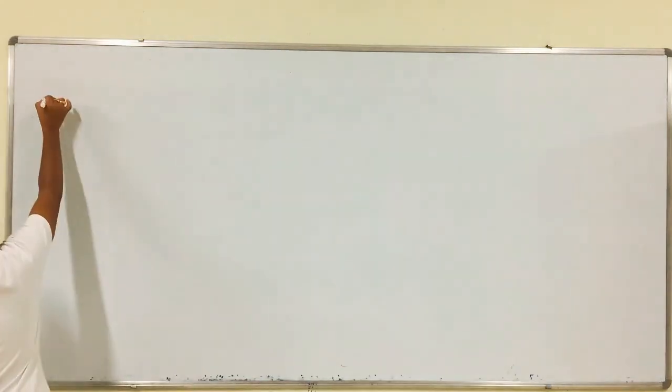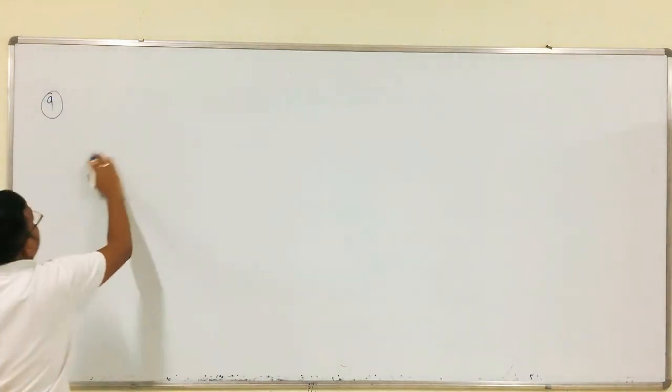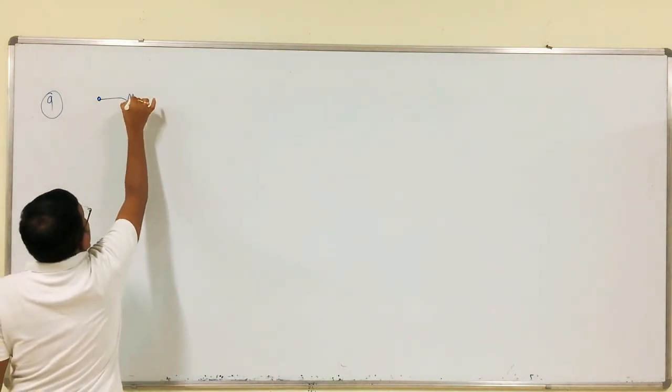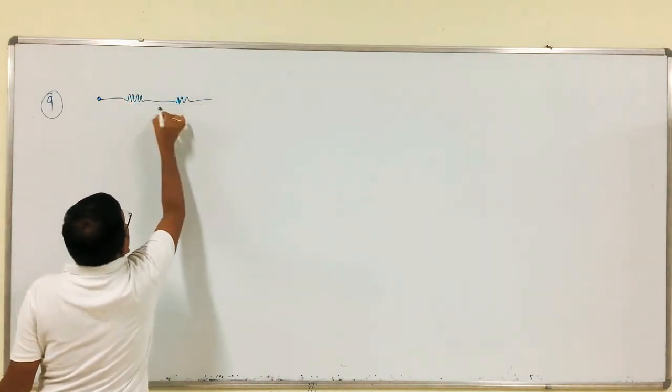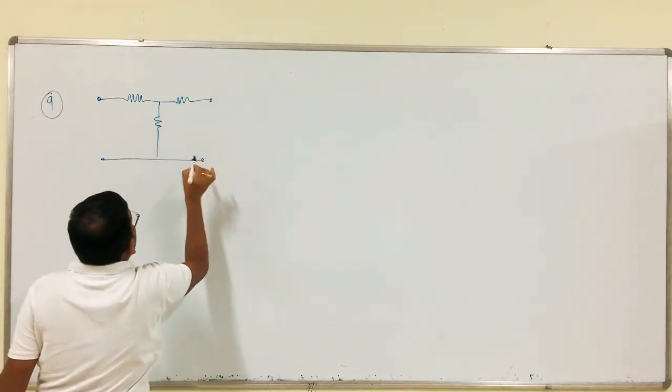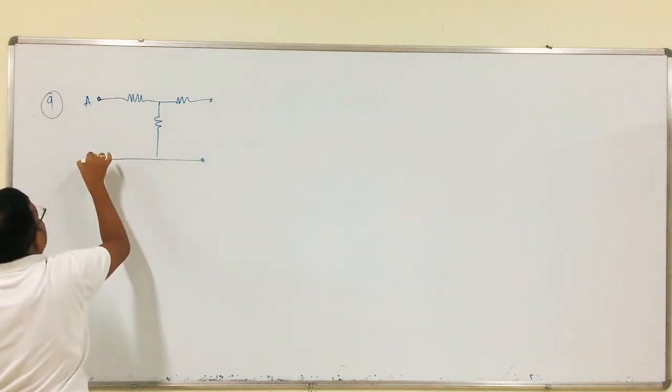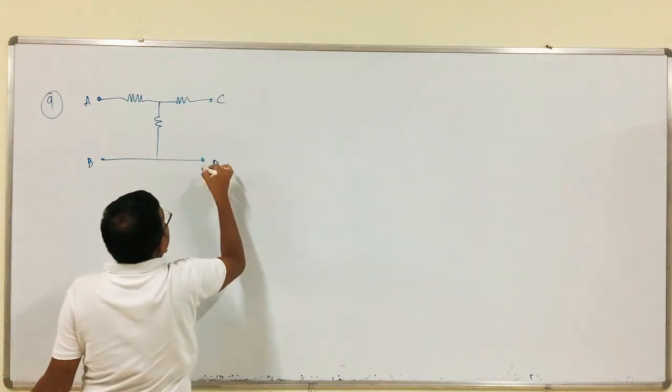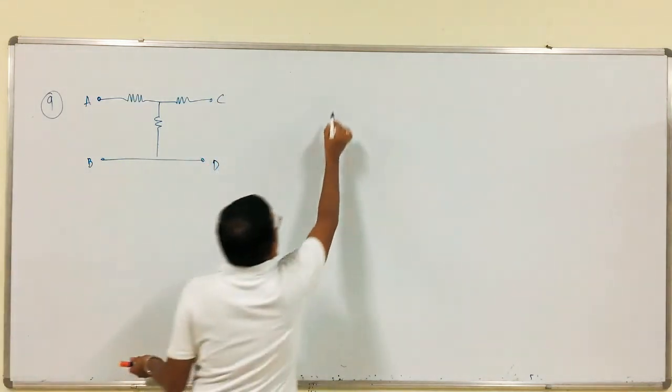Okay. Next one, ninth one. For example, this is A, this is B, this is C, this is D. Next, 10th one.